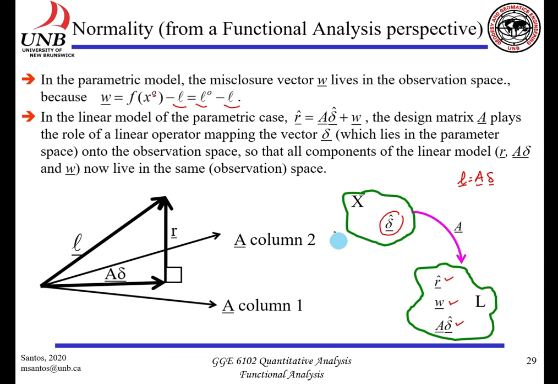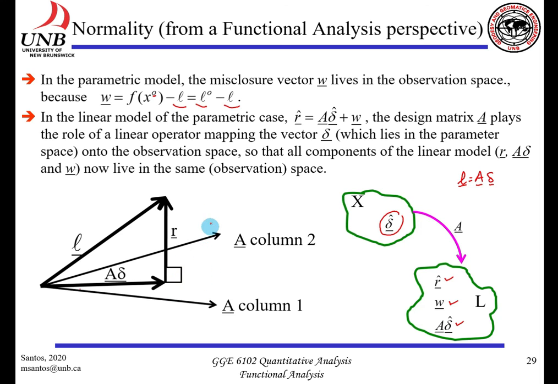R is in the observation space. So this is now a similar diagram to the one we drew in the previous slide. It shows the column vectors of matrix A. And we can see here A delta, which is on this plane.